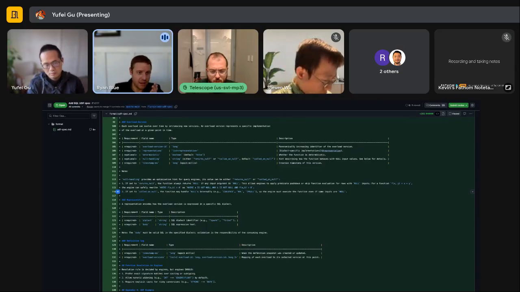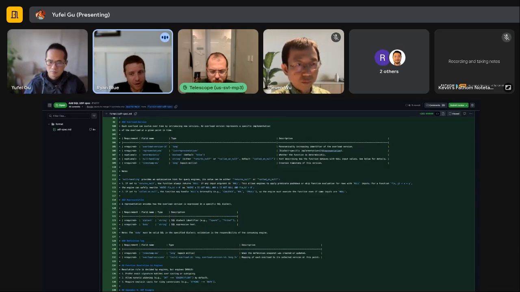And if all parameters are optional, then we just need to state all parameters are optional. I think we also want to have the output, like, is the output optional or required? Will this always produce a non-null value or not?